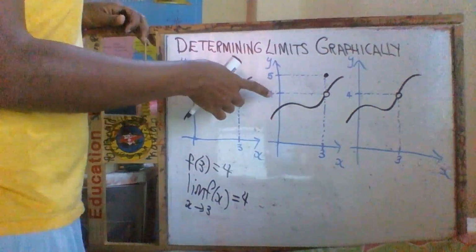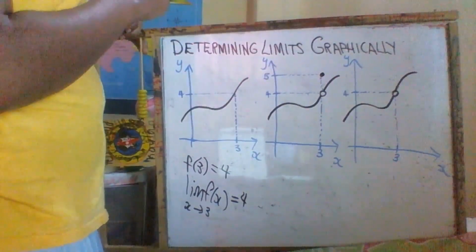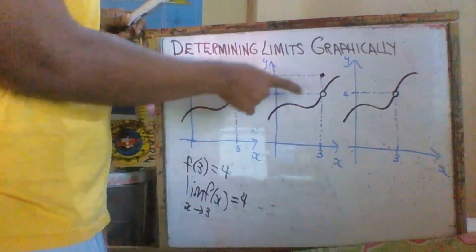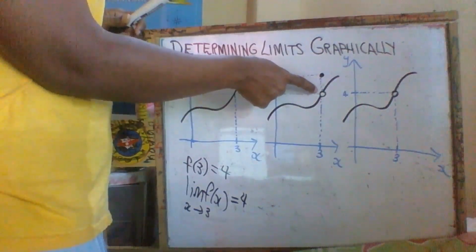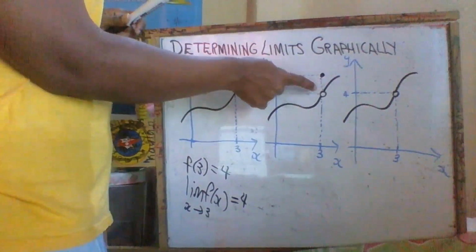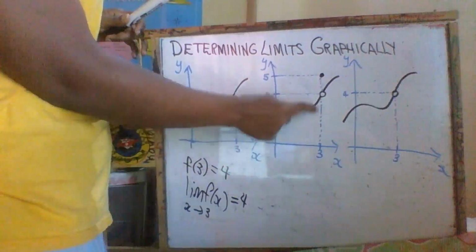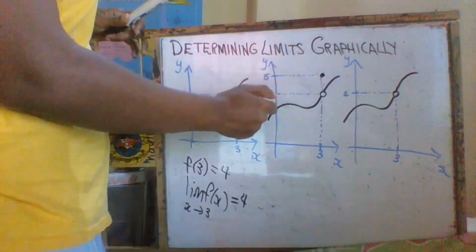Now if we look at graph number 2, we have the same sort of curve. The only difference now is that at x equals 3, there is a hole, right? And we denote it with a little circle, an empty circle. So my curve isn't solid right through.